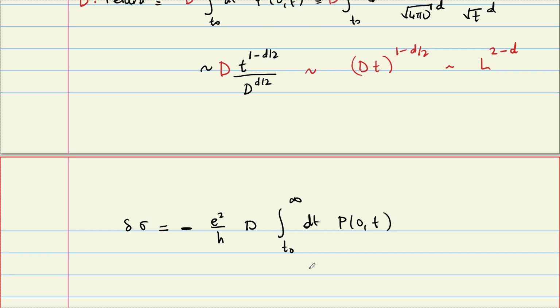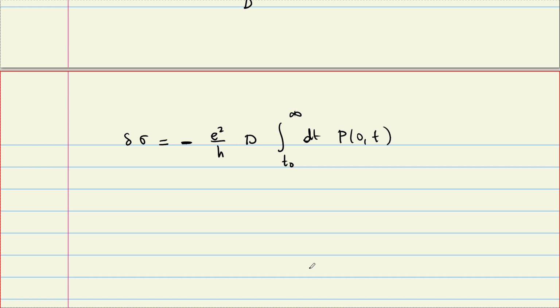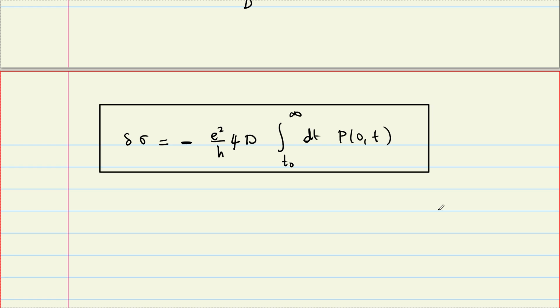So we obtain this purely from dimensional analysis, but if you do some heavier calculations, something called the Kubo formula and these advanced techniques, the only difference is that there will be a factor of 4 here. It's not bad. And a factor of 2, 3, 4, 5, 10 is not important.